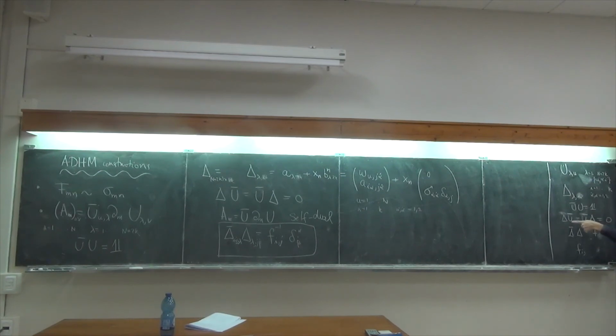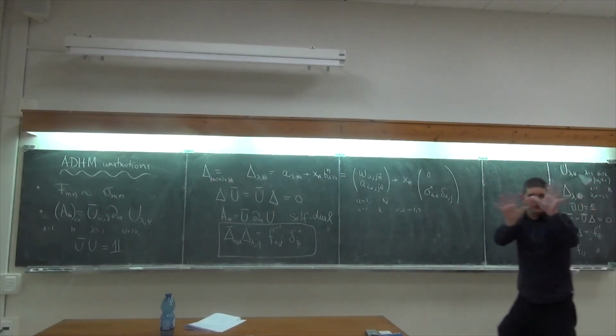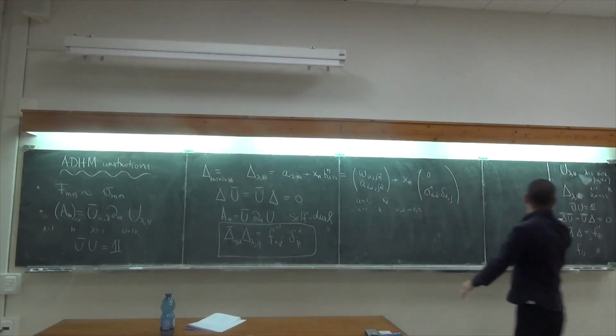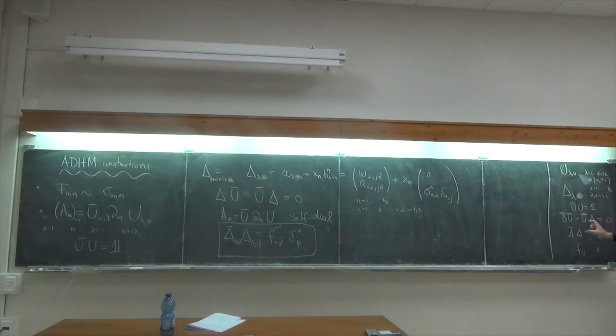Delta u is roughly, u is the kernel of delta. You have a rectangular matrix and then you just multiply another matrix. Then delta u bar is equal to 0 and also u bar delta is equal to 0. Sorry.